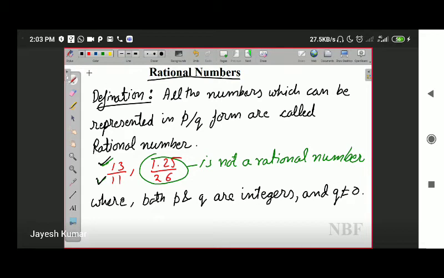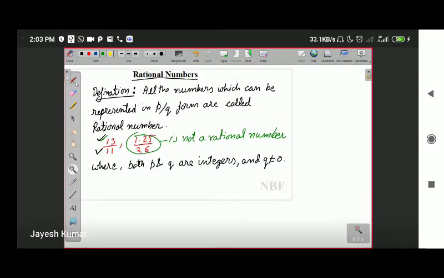Now let's talk about what an integer was. Where both P and Q are integers and Q is not equal to 0. Let's talk about what an integer is. Okay.